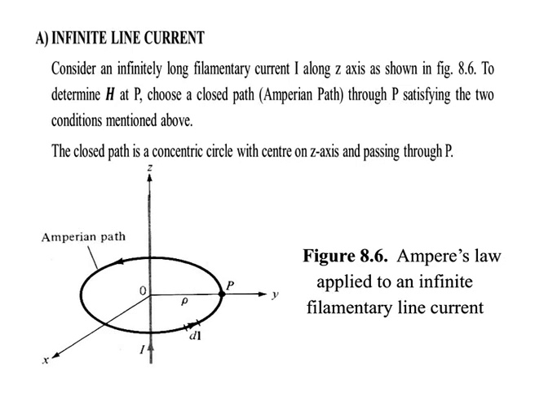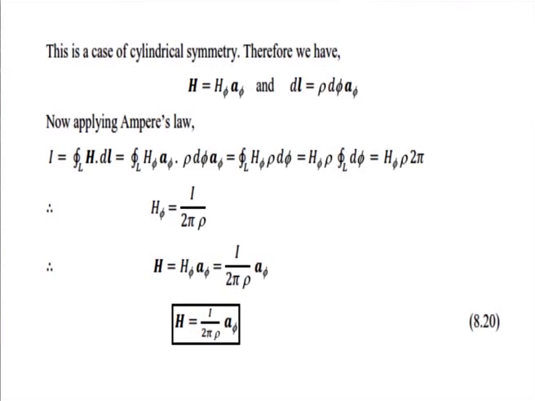Here that closed path is a circle with center on the z axis and passing through point P. Now since there is cylindrical symmetry, we have H is equal to H phi a phi and dl is equal to rho d phi a phi, and when we put these values in Ampere's law, we get H phi is equal to I by 2 pi rho, and therefore H is equal to I by 2 pi rho into a phi.